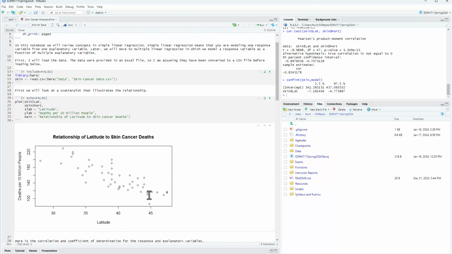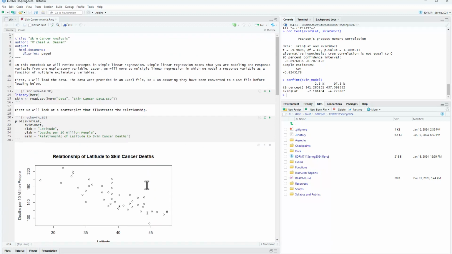So I think we've pretty much covered this example and we're ready to move on. I'm going to do one more video in which I talk to you about a few of the things we need to consider when we're looking at bivariate relationships, and then we'll move on to multiple linear regression.